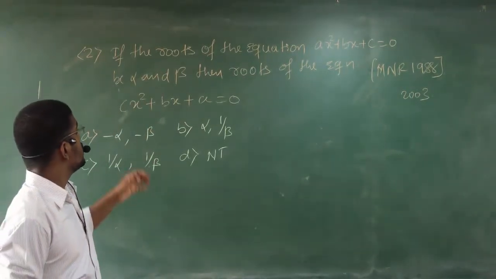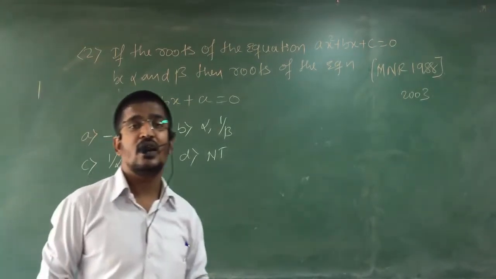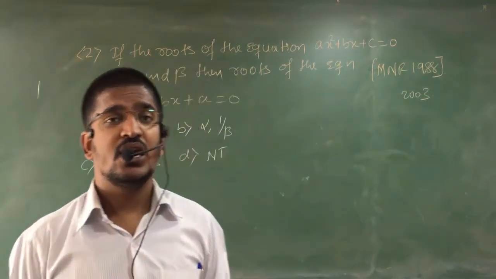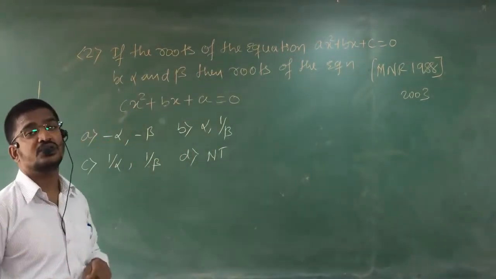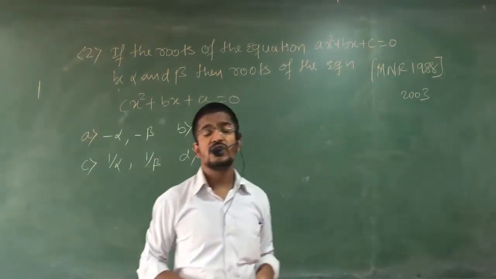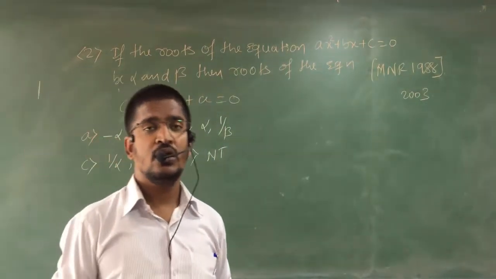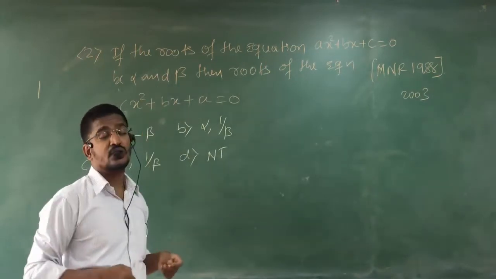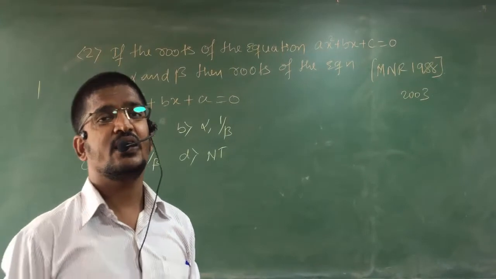Then the roots of cx square plus bx plus a equal to 0 they are asking. Clear, students? So they are asking for the roots of your second equation. They have given the roots of your first equation. So by using the roots of your first equation, let us try to find the roots of your second equation.